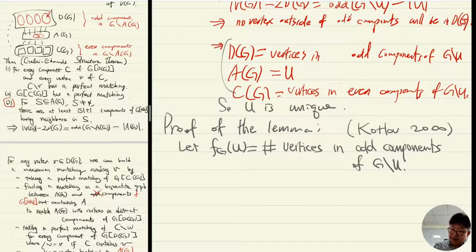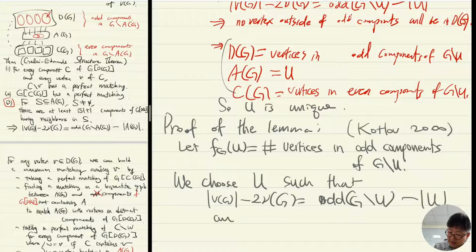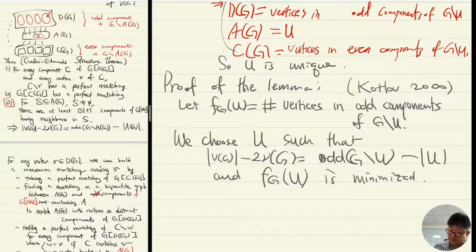Okay, and we choose U such that it satisfies Tutte-Berge's formula. So the number of vertices minus twice nu of G is equal to the number of odd components in G delete U minus the size of U, and this function is minimized, right?